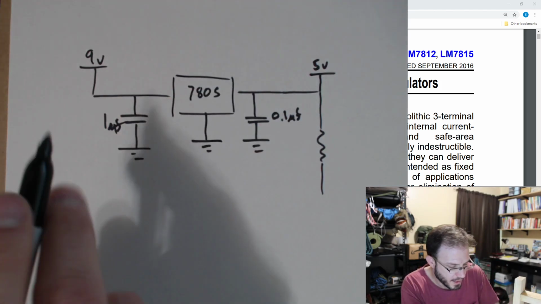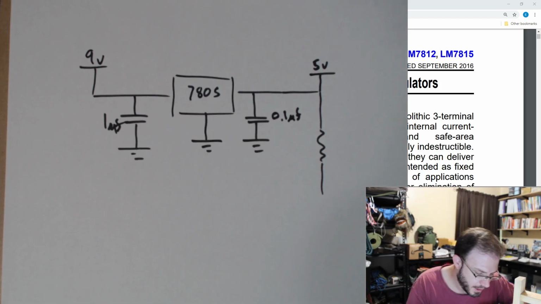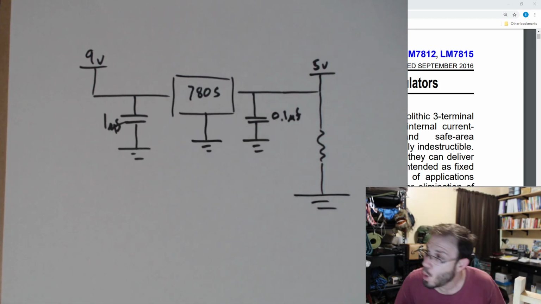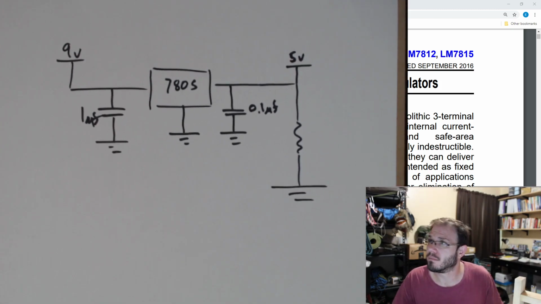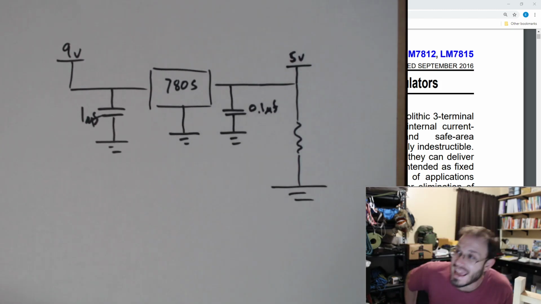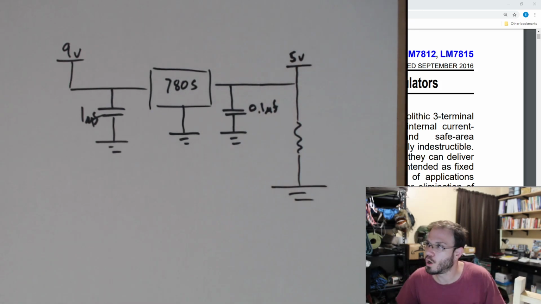Let's do this properly. 1 microfarad on the input, 0.1 microfarad on the output. Okay, without giving a value yet, here is my question for you. Is this going to work first off? Will we get 5 volts? What are the two things we need to make sure we're adhering to?